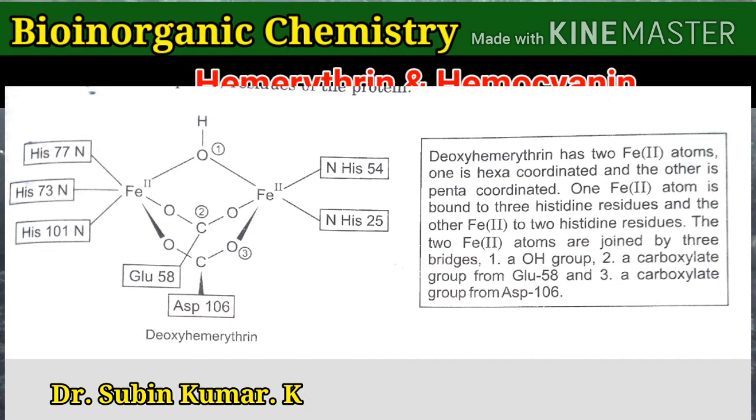Structurally, the 2 ferrous iron atoms in deoxyhemerythrin in each subunit are placed close to each other and have nearly octahedral coordination. In the deoxy form, the iron in hemerythrin is octahedrally coordinated.